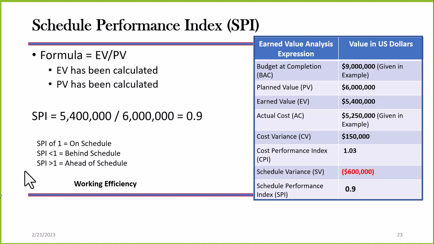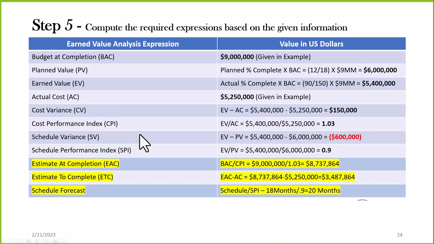So now we can take those numbers and we can forecast. When we forecast, we want to estimate at completion. How much will we spend on this particular project is our question, based on the analysis that we've done today.